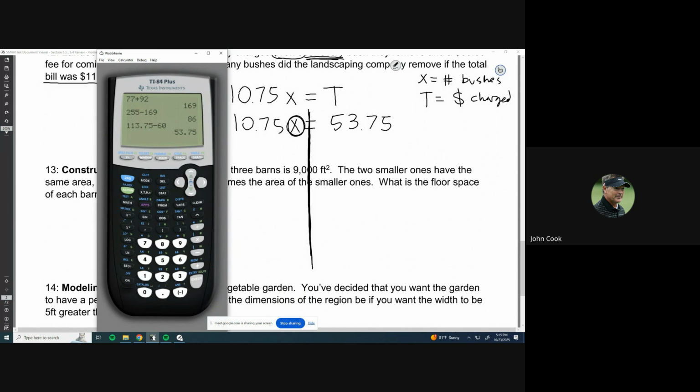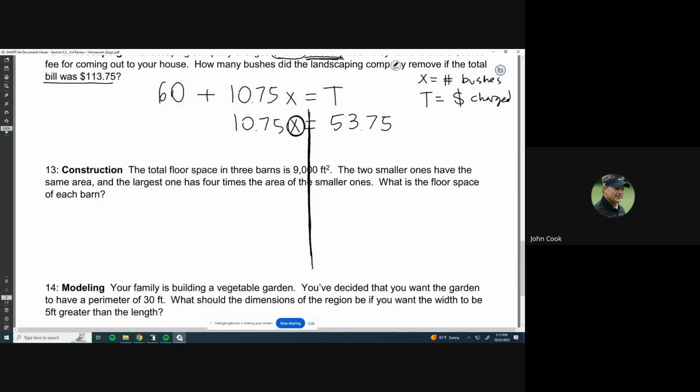Okay, and then the next thing I need to do to get X by itself is the following. I still have a number attached to it, so that means it's multiplying. So to get rid of multiplying by 10.75, I divide by 10.75. I do that with this side as well. And the 10.75 at the top and the bottom cancel out, leaving me with just X by itself, which is the number of bushes the landscaping company trimmed.